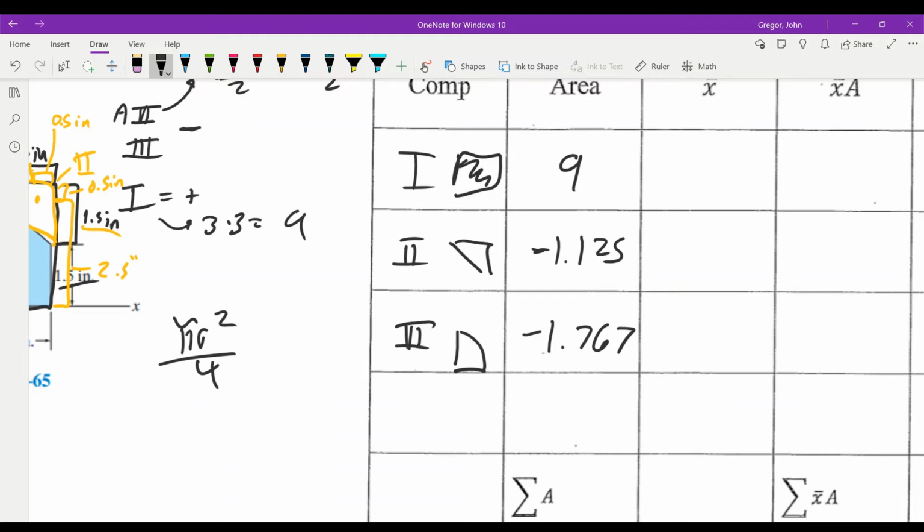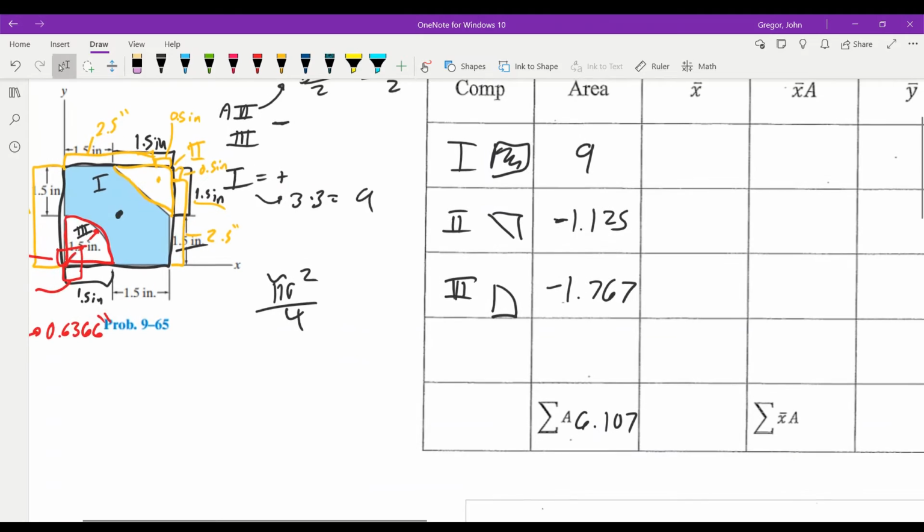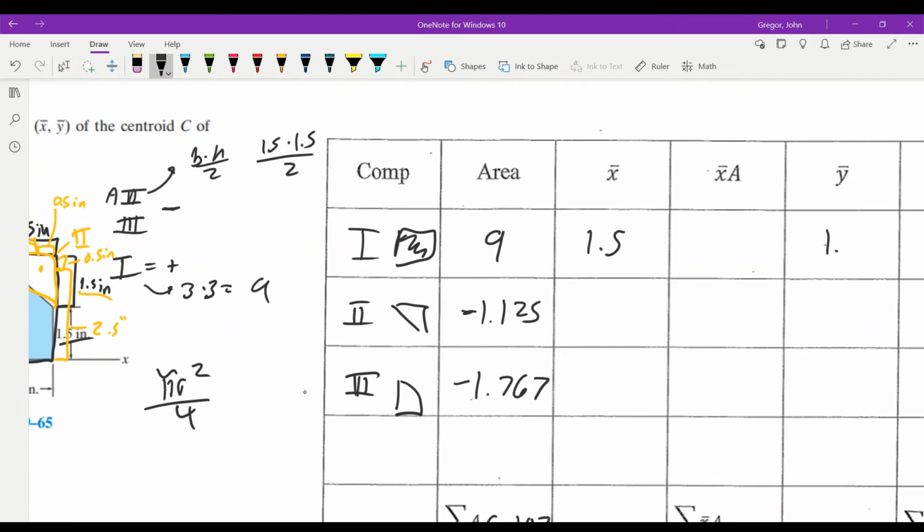So we're going to have 9 minus 1.125 minus 1.767, and my sum right here is 6.107. Now I can fill out the rest of this using what I found. This is also 1.5, this is 2.5 here, this is 2.5 here, and this is what I found, which was 0.6366.